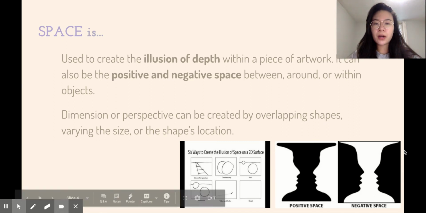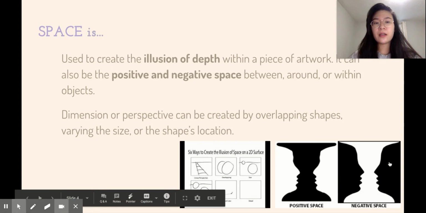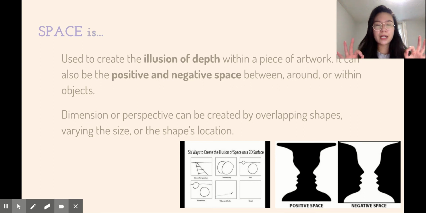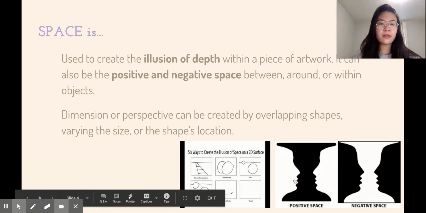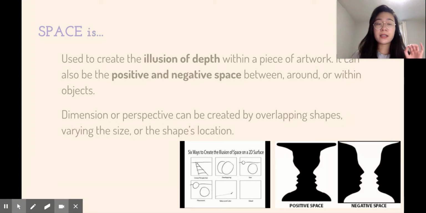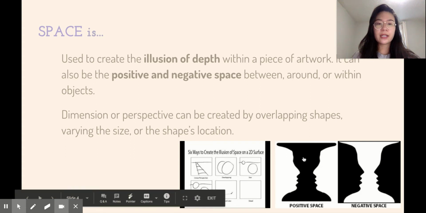Another part of space is that it can also mean the positive and negative space of a drawing. This is kind of tricky, so think of positive space as the object and negative space as the background. In this example, when the vase-looking shape is black, it's the positive space. That's what we're focusing on, and you see that vase-like shape.